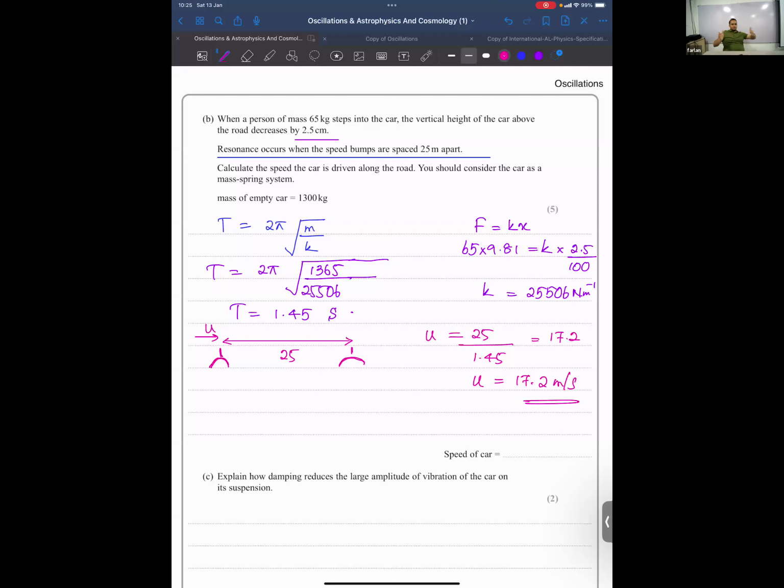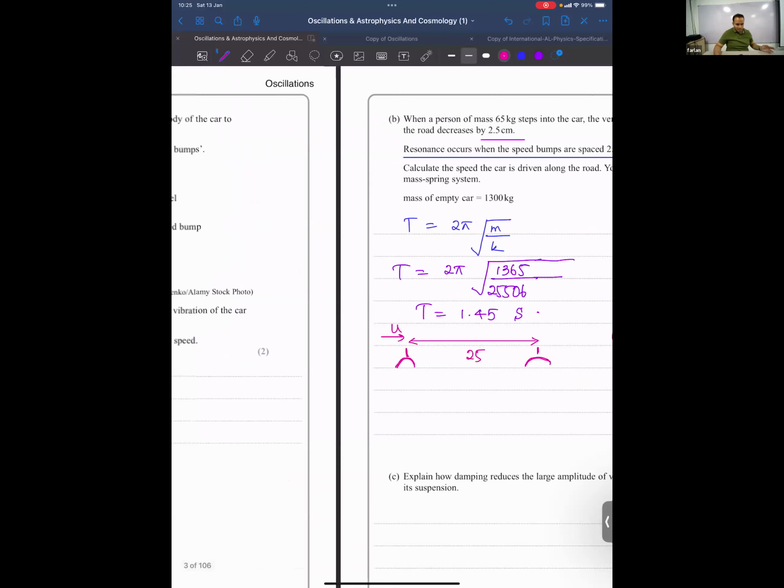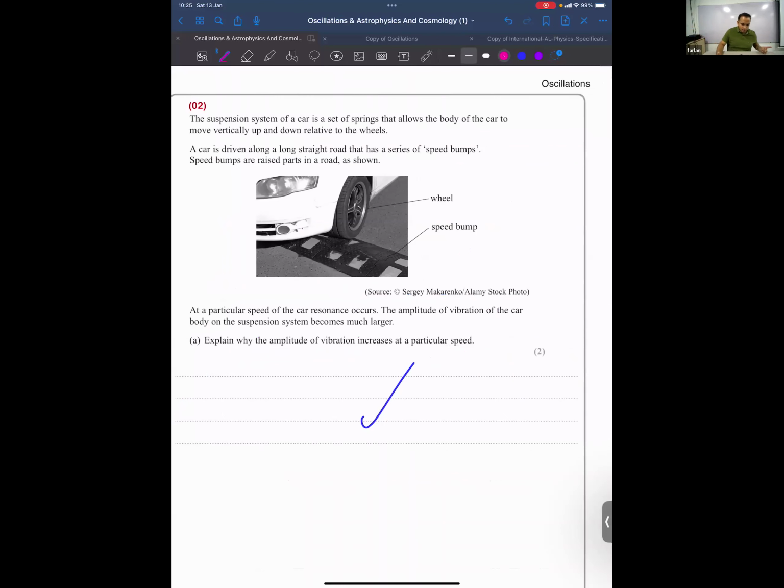Now this is not about just these two bumps. There are so many bumps placed, about 50 bumps. They are telling the distance between two bumps. If you read the question, it says a car is driven along a straight road that has a series of speed bumps. There are so many speed bumps. They have placed them at exactly the same distance.